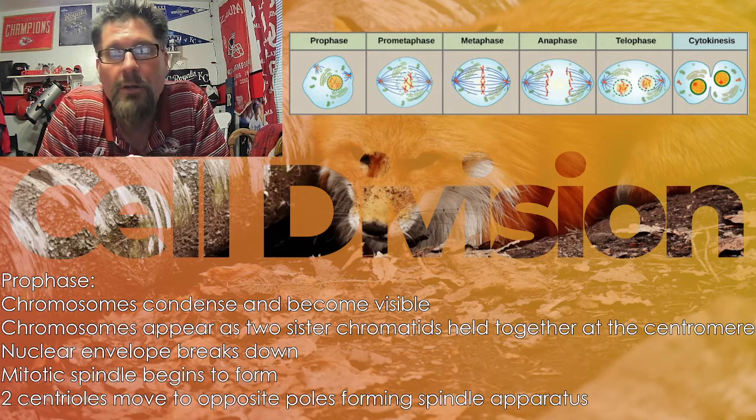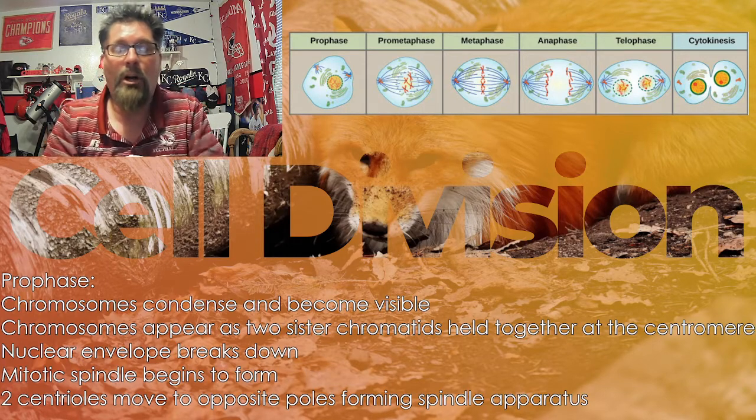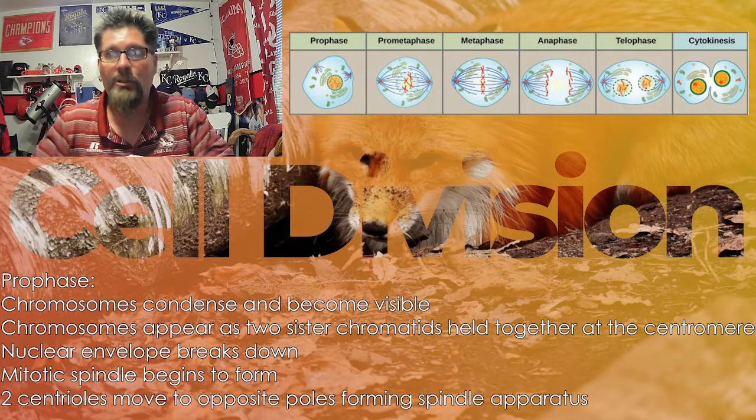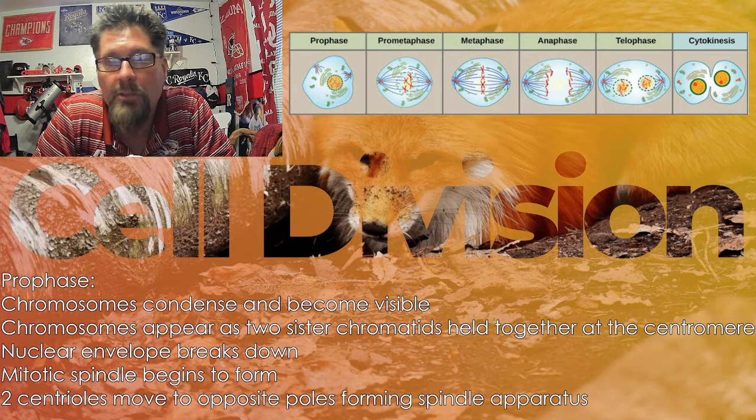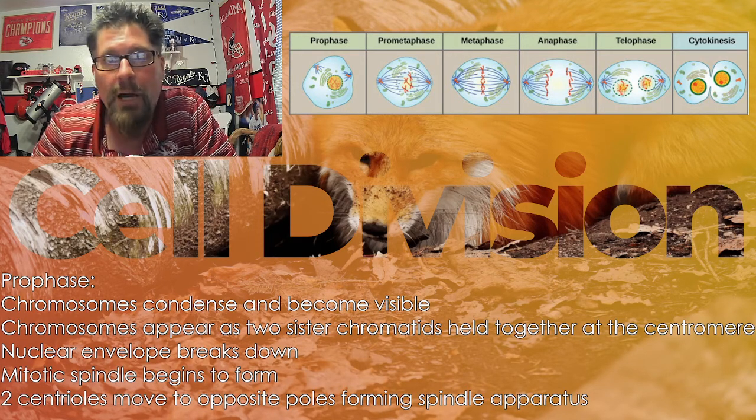But the spindle fibers, we saw that they were attached during the S phase of interphase, but now they're really starting to grow. They're really starting to form and extend, because eventually they've got to reach all the way from the edge of the cell into the middle of the cell. But that's prophase, P for prophase, P for pile.